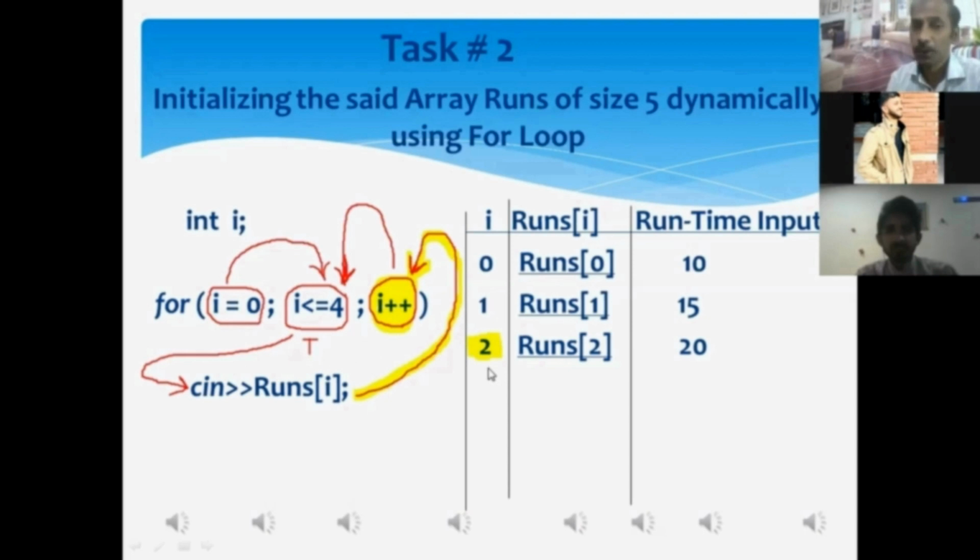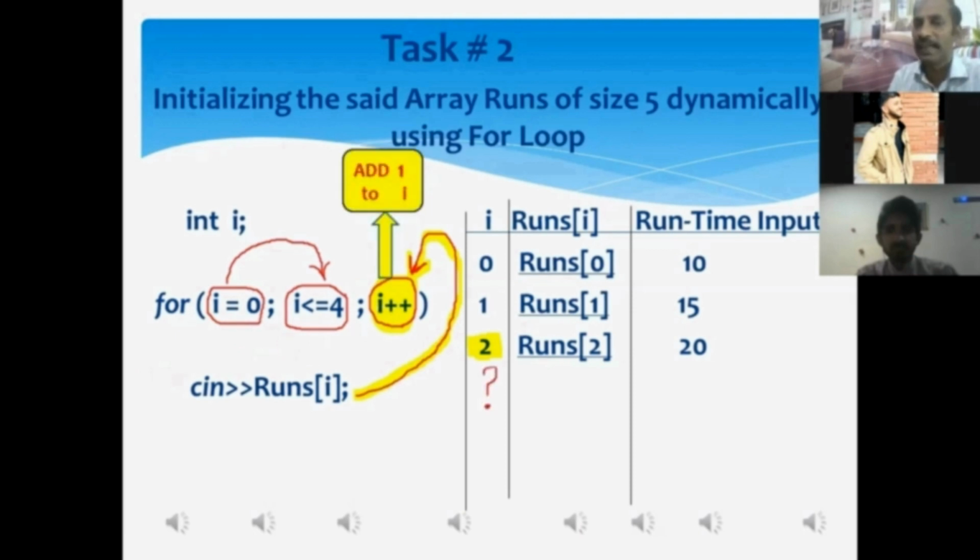Sir, 2. Okay. If I plus plus is executed, it means add 1 to I. What will I's next value become? Sir, 3. Okay, I'm writing 3 over here onto the question mark. After the execution of the increment statement, the control of execution will be shifted to which statement? Sir, condition statement. All right.